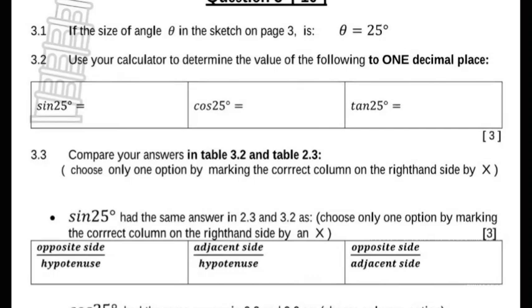They want the answer to one decimal place. This gives us 0.4. We now need to get cos 25. So cos 25 to one decimal place is 0.9. And then tan 25 to one decimal place, that is actually 0.46, but when we round off to one decimal place, it becomes 0.5.